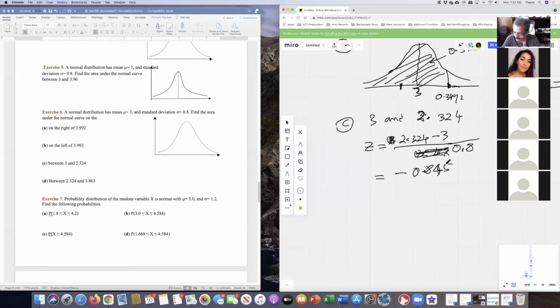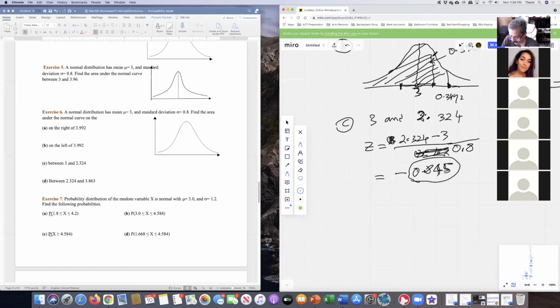All right, what does that mean? This means from the mean, I have to go to the left 0.845 sigmas. This many sigmas, I have to go to the left of 3. Now, remember, the whole thing is symmetric. So going so much to the left is the same as going so much to the right.